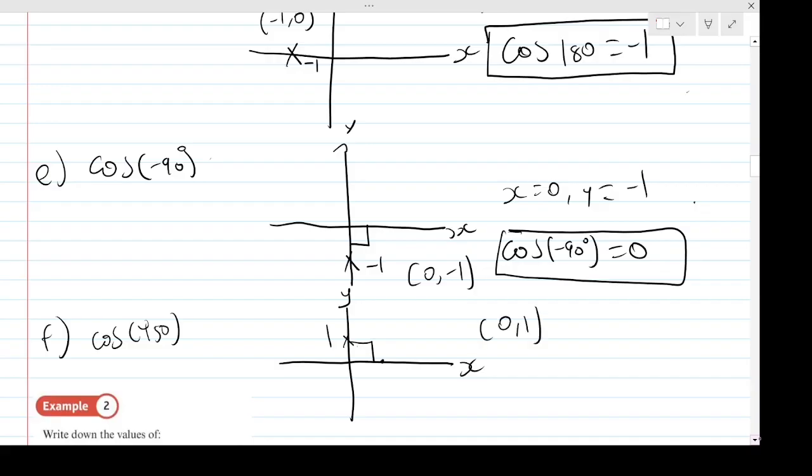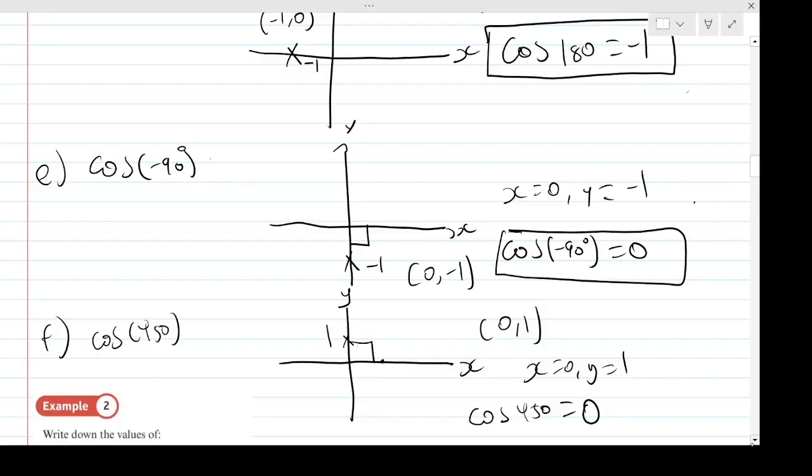So x would be 0 if it's on the y-axis, and y would indeed be 1. Well, the cos part again is about the x, so that means cos of our angle 450 gets us 0. Okay, so again, we can do angles bigger than 360 by just doing a full turn and then going on from there, right?